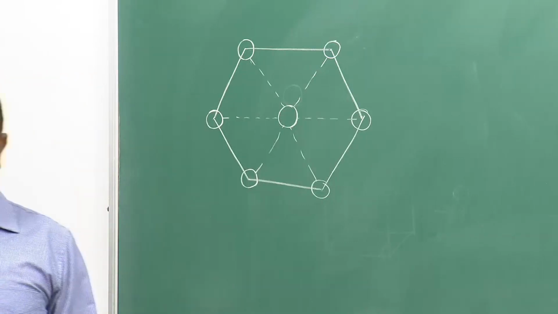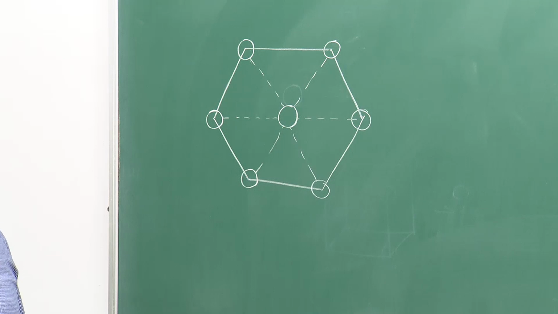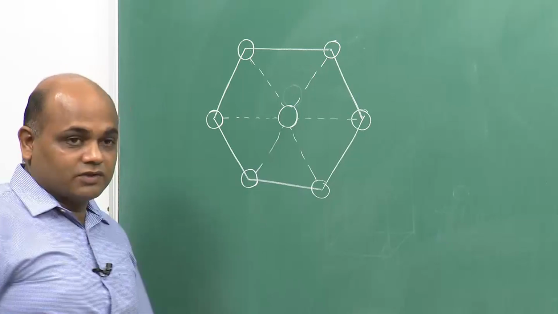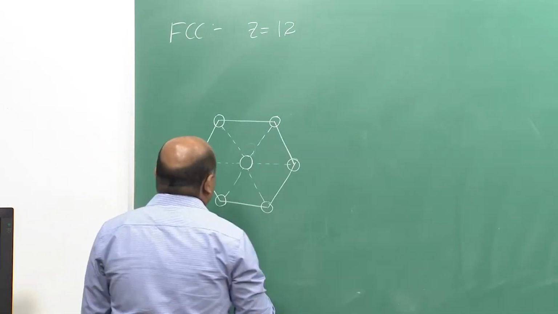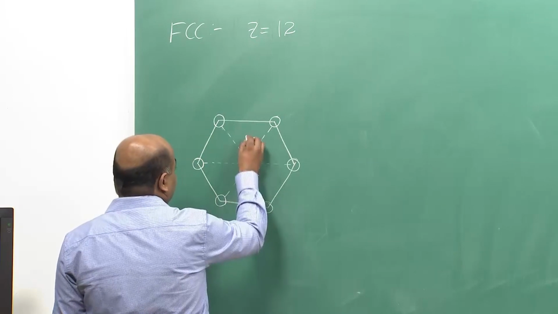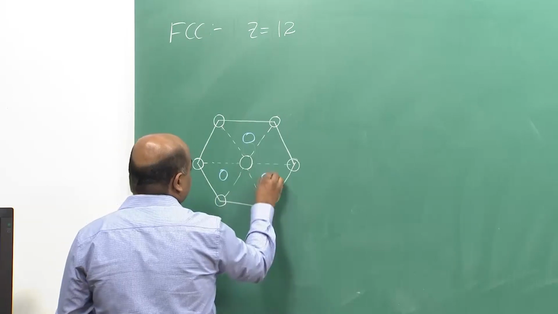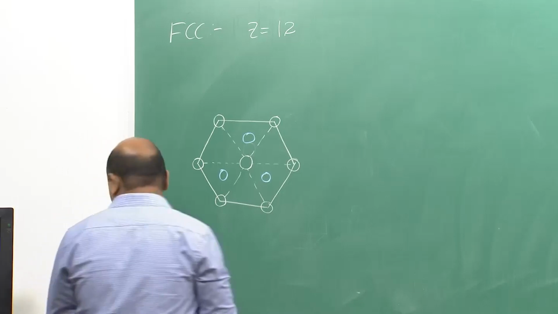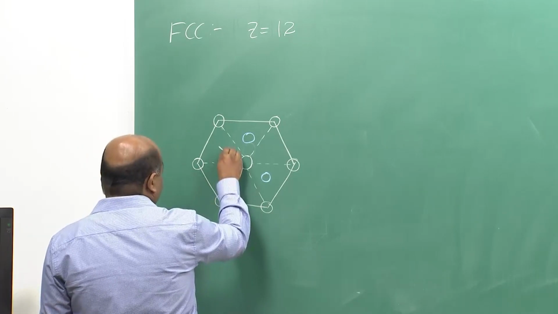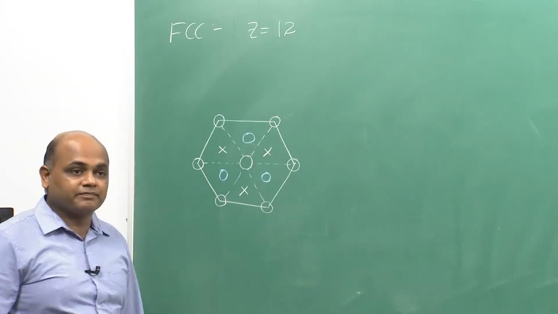So, the 6 are left. How are the remaining 6 arranged? So, the remaining 6 are out of the plane, right. And they are arranged in a way that 3 are on the top plane, the plane lying above this 1 1 1 plane, and 3 are in the plane below it, this way.